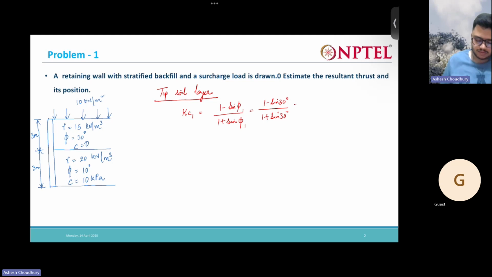Now, this is the expression for the active earth pressure. The active earth pressure coefficient will come out as 1 by 3.